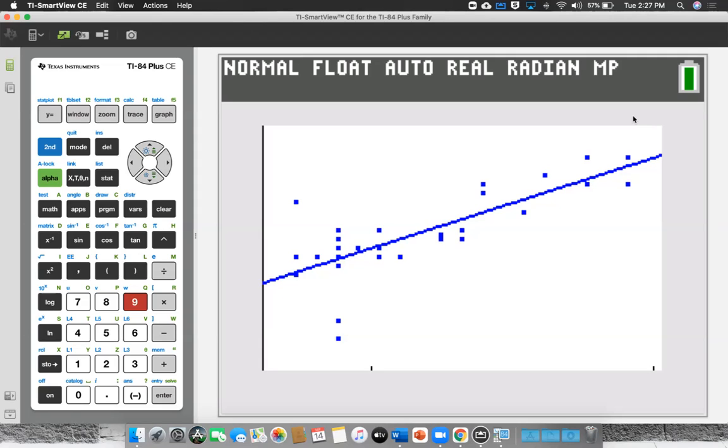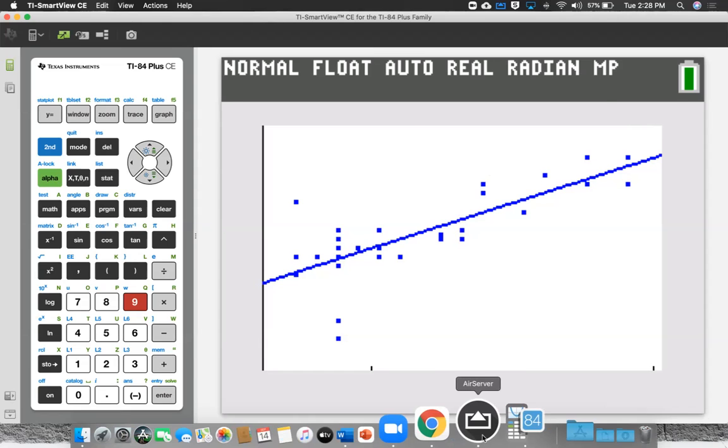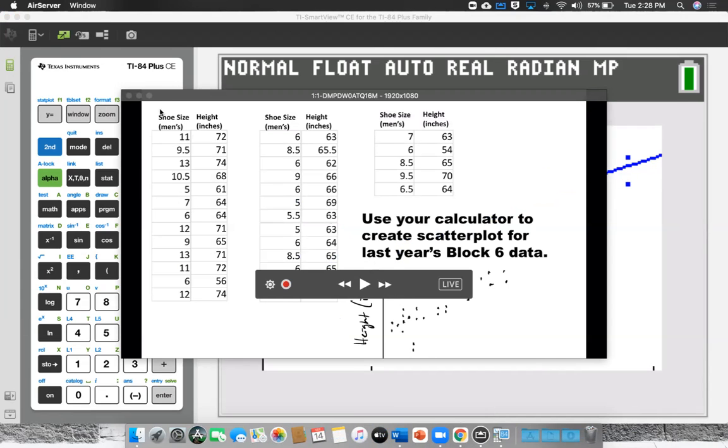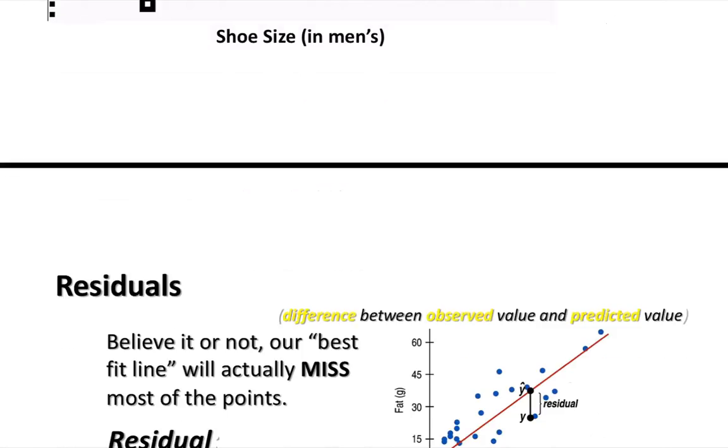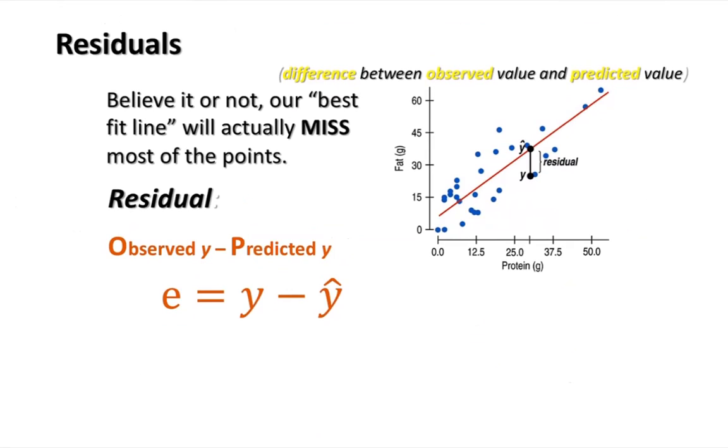The dots are what actually happened, okay? And there's some distance in between them, right? Some of them are right on the line. Some of them are a little bit off, right? There's distance here, distance in between. That distance is what we call a residual. Okay, so let's go back. Right here.